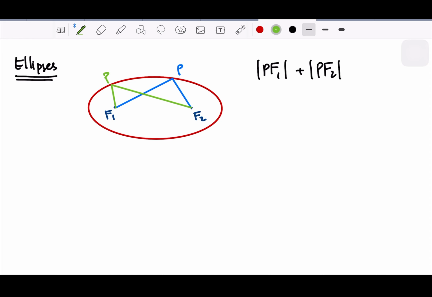Okay, we can eliminate some of this: y squared, c squared, and x squared.